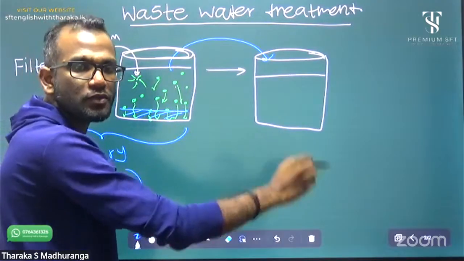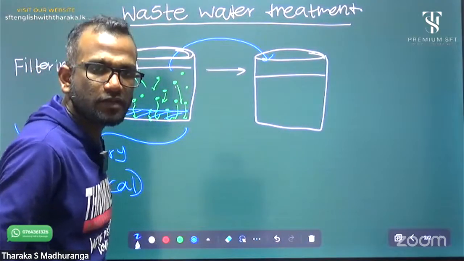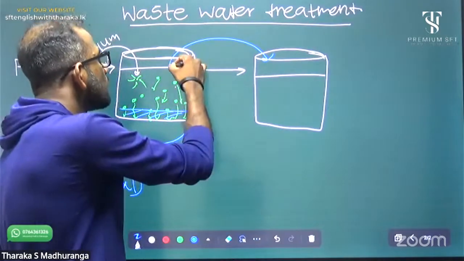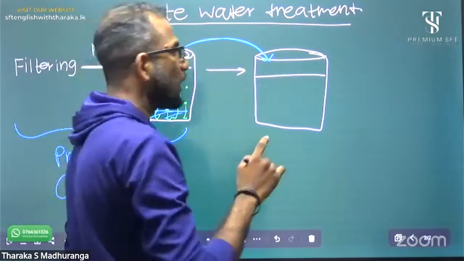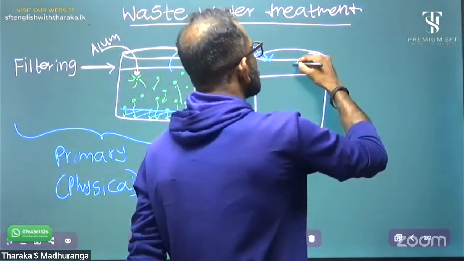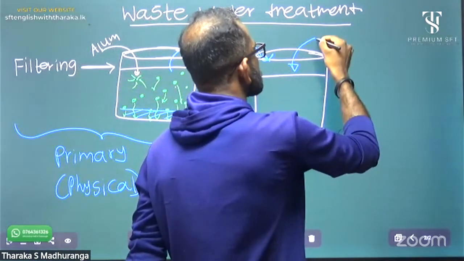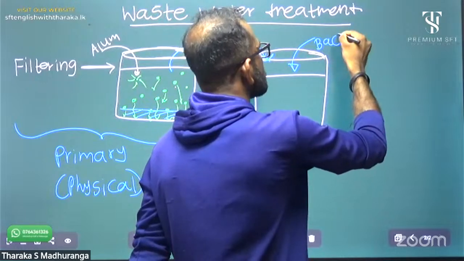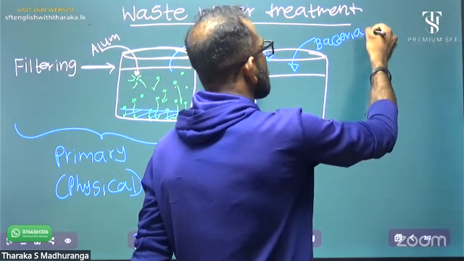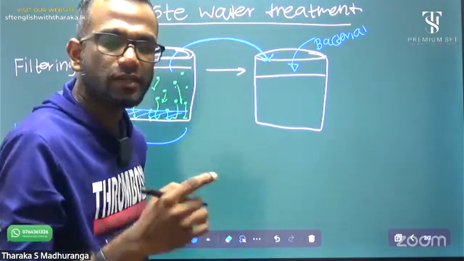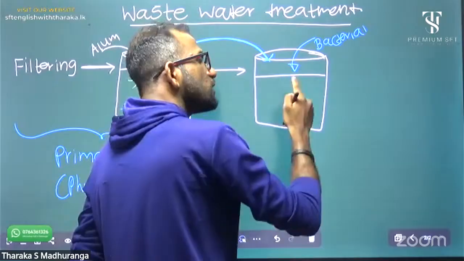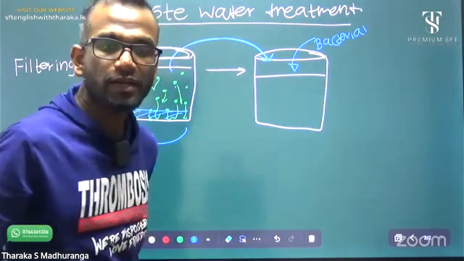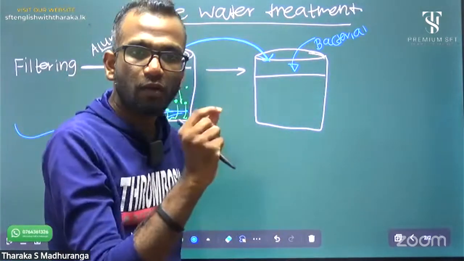The sludge is formed here, and it is separately sent to the sludge digestion process. The above water layer is separated into the secondary tank. In the secondary tank, we have to introduce a bacterial culture.